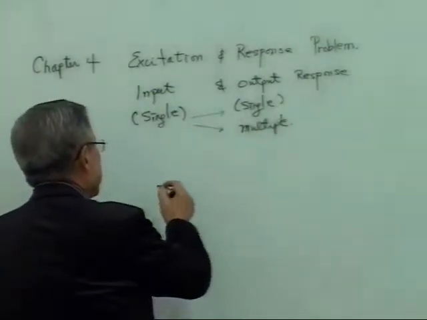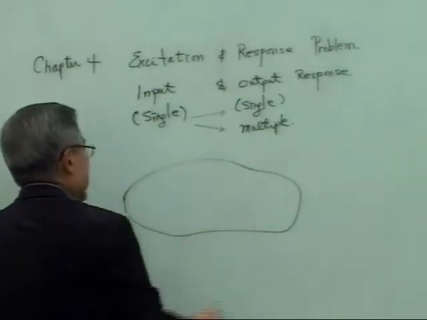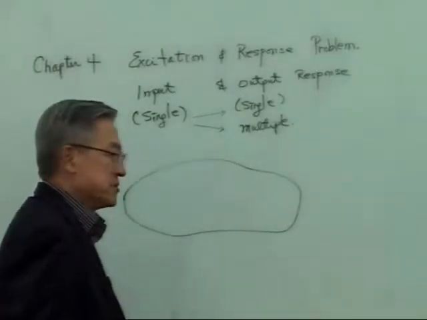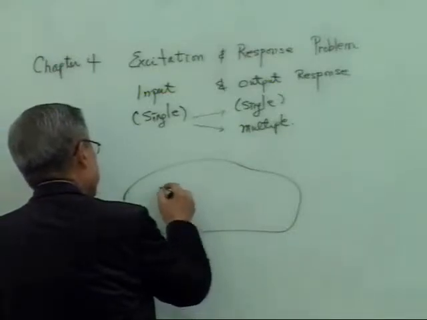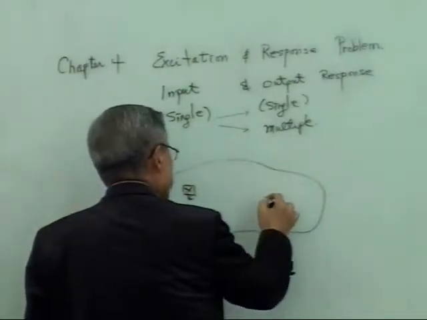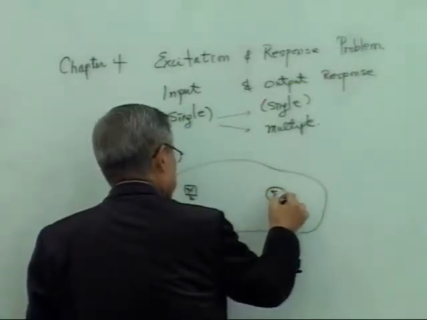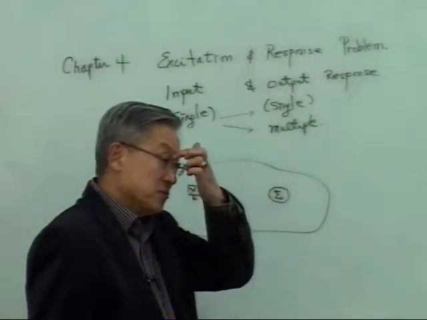So for example, I have a plate, whatever the figure, it really doesn't matter. Then I attach the shaker here. Then I attach here the transducer. In my note, that summation sign is the transducer.